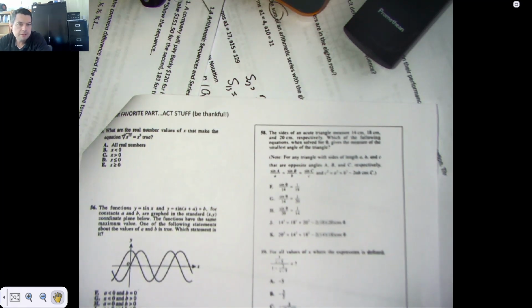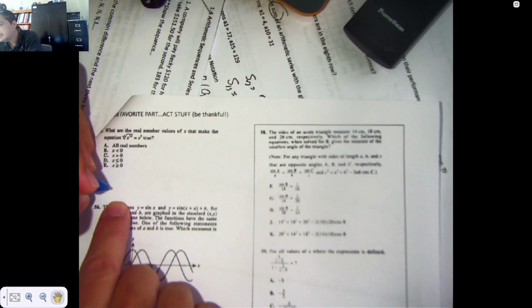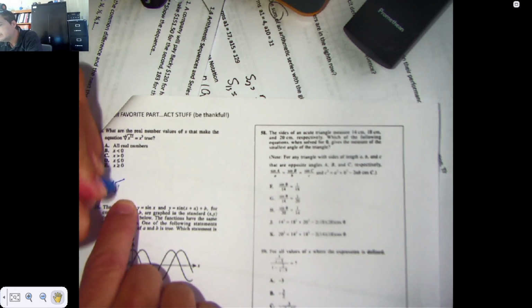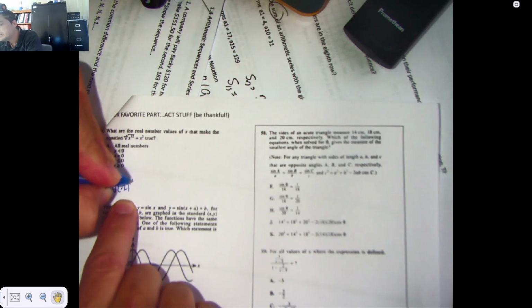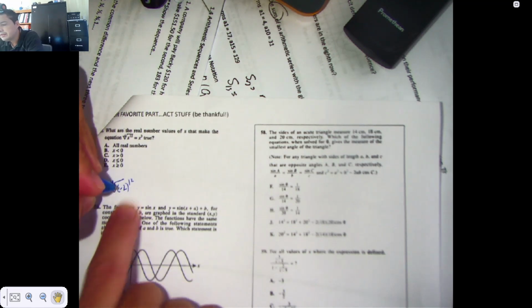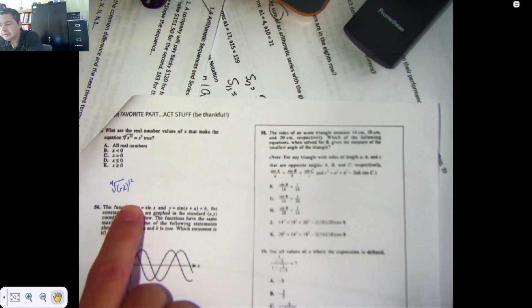What are the real numbers of x that make the expression the fourth root of x to the 12th equals x cubed true? Well, pretty much everything. You might be thinking maybe I can't do a negative, but if I put like a -2 in there and raise it to the 12th, the even power makes it positive.